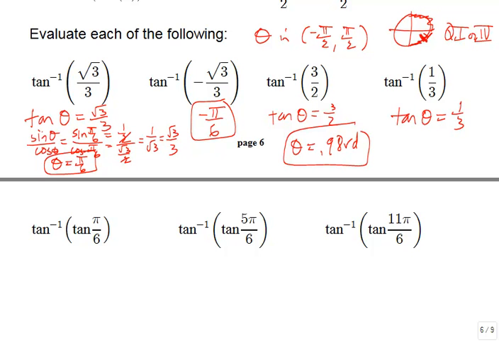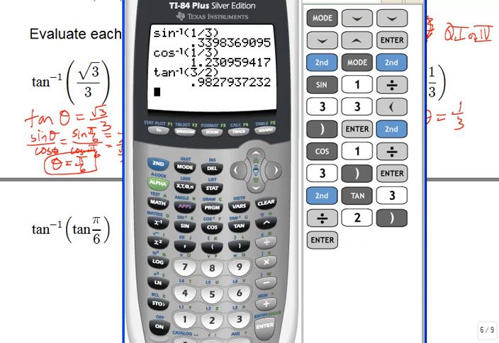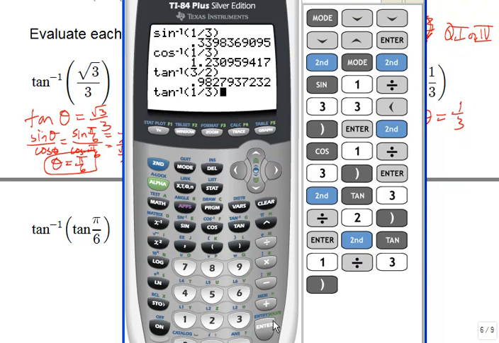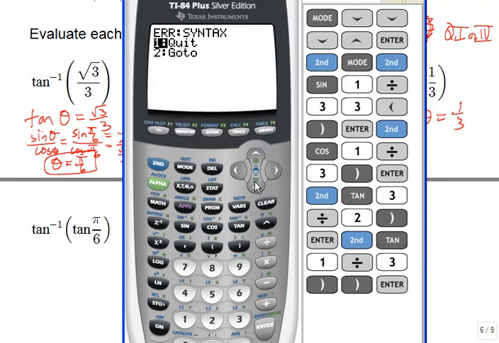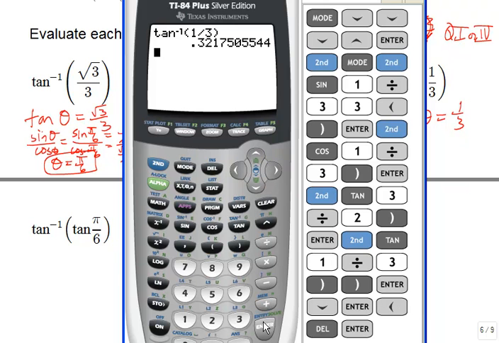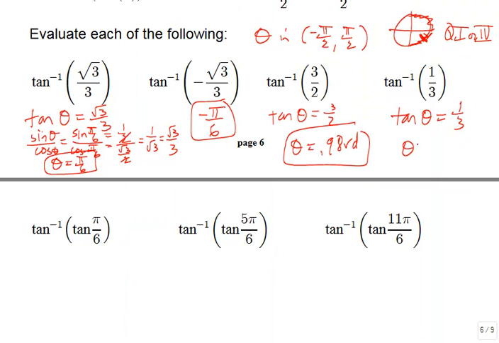It's not one I know because it's not going to be a nice value from my unit circle, so I have to use my calculator. So inverse tangent of 1/3, whoops, too many parentheses, and we get 0.32 radians.